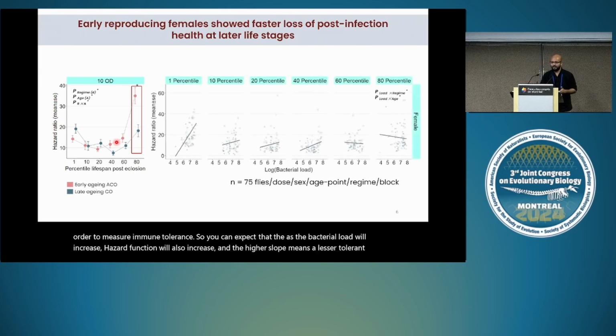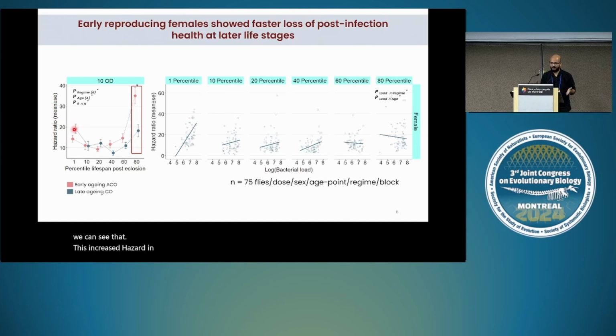So over here you can see that on the y-axis we have increasing hazard and on the x-axis we have increasing load. These facets are for different age points, and this is the female data. So we can see that this increased hazard in the late aging flies is possibly due to their inability to tolerate the infection.